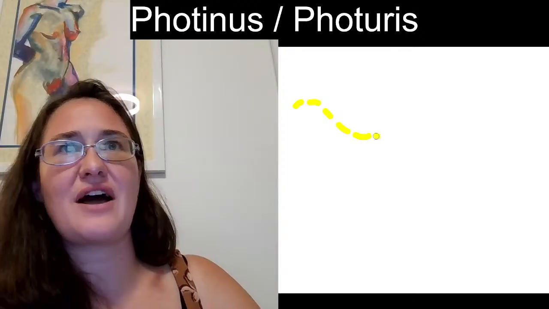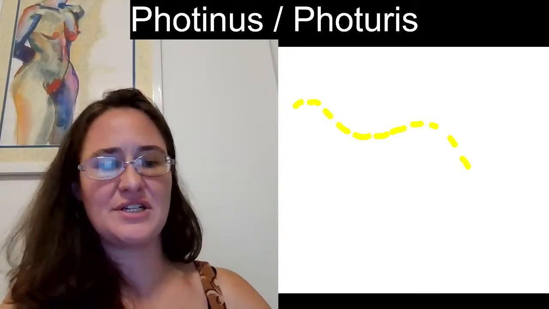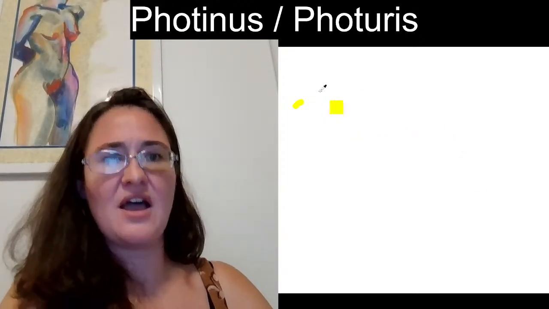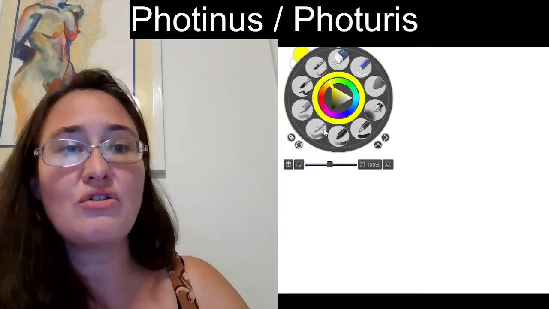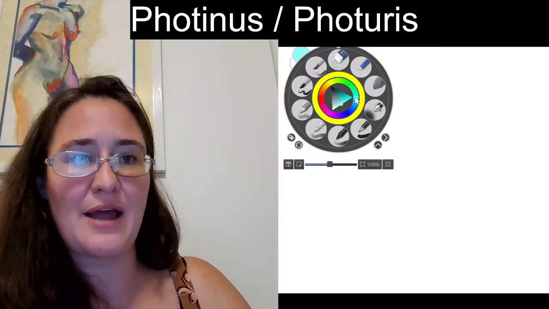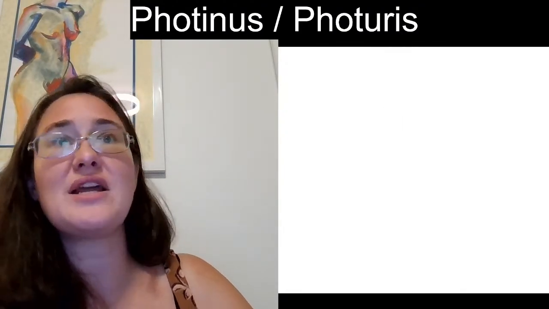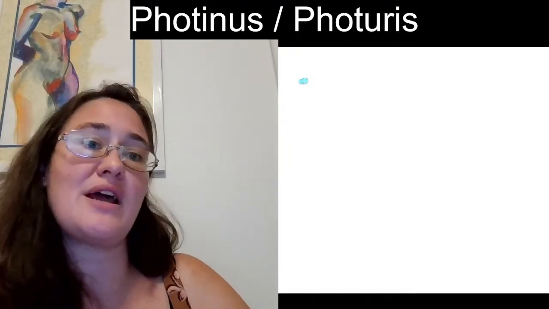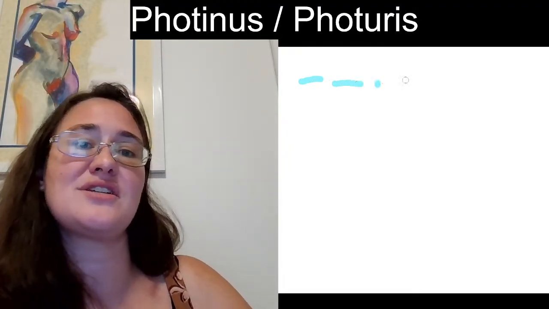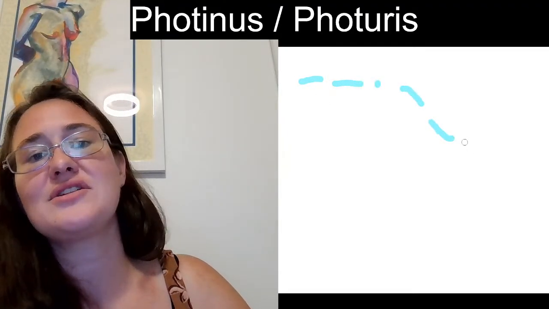Fireflies have their own unique flash patterns, depending on what species they are. So we might have two long dashes and a dot, and then two long dashes and a dot.